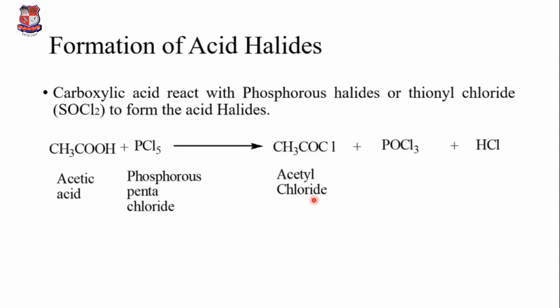And the third is the formation of acid halide. Carboxylic acid reacts with a phosphorus halide or thionyl chloride to form the acid halide. So here first we take a carboxylic acid, any carboxylic acid, but here I am taking acetic acid plus phosphorus pentachloride.